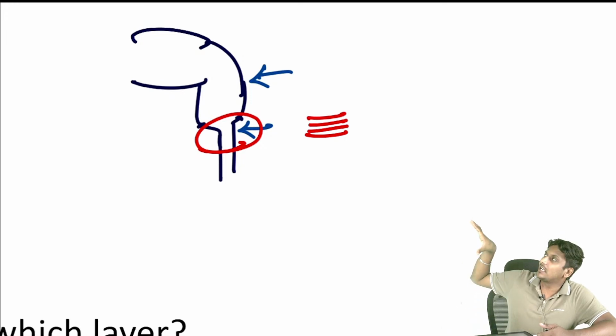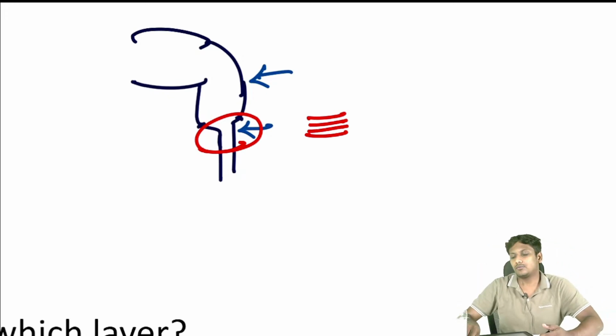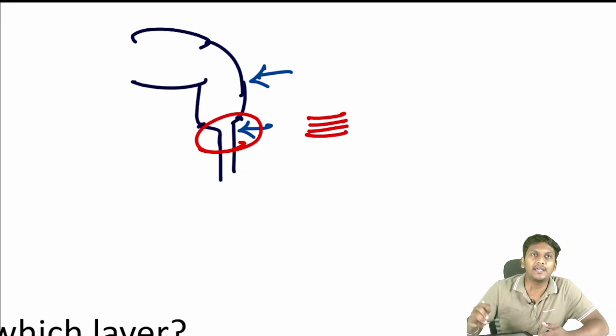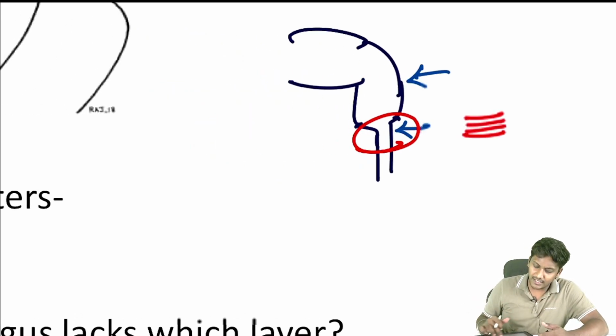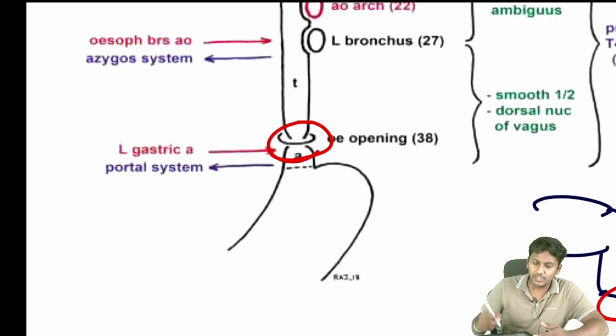So here whenever the cricopharyngeus muscle is going to contract, the upper esophageal opening is going to close. That is the reason why it is called as the upper esophageal sphincter or the cricopharyngeal sphincter. वैसा ही एक sphincter होता है at the lower part of the esophagus when the esophagus connects with the stomach.